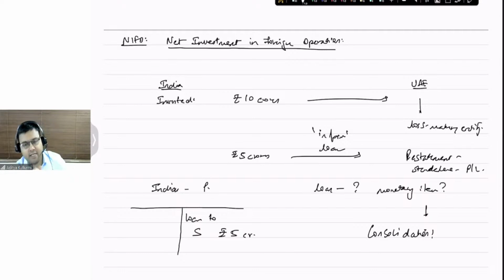In substance, is this actually a loan, or is this not in the nature of loan, but in the nature of investment? What do you think? इतना सब कहानी बता दिया मैंने. So tell me, for consolidation purposes, is this in the nature of loan, or is this in the nature of an investment?